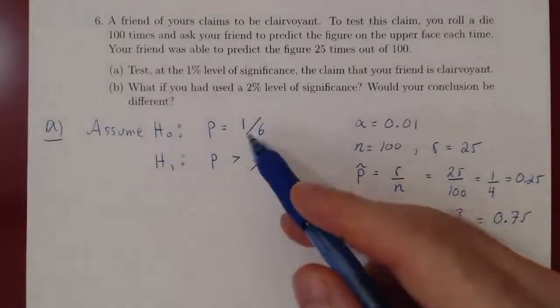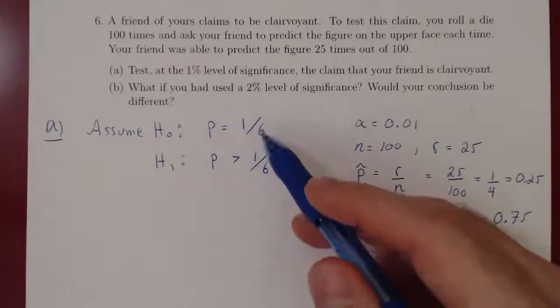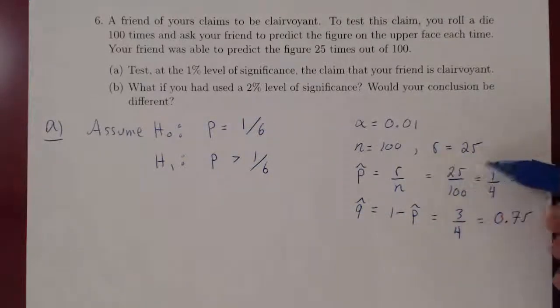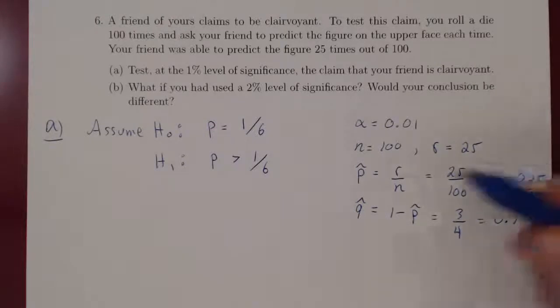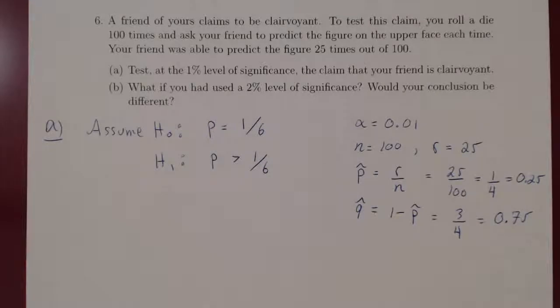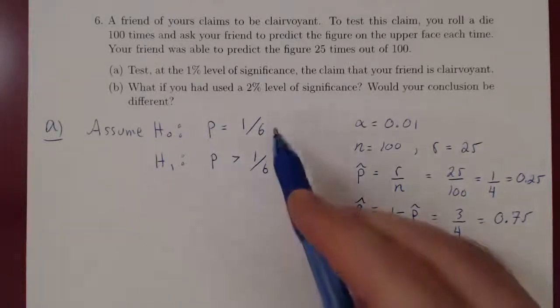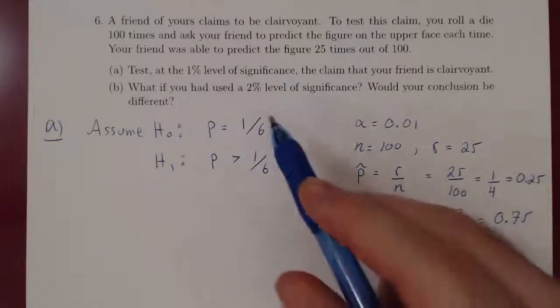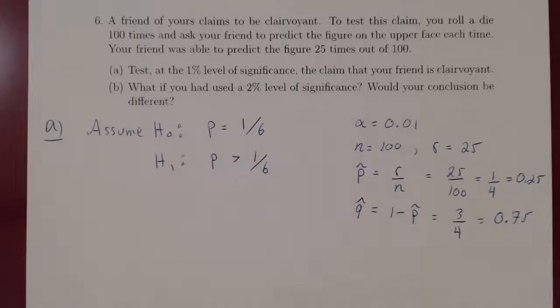If she's guessing, she would be right 1 out of 6 times. And for these 100 trials, she was right 1 out of 4 times. So it's a little bigger than 1 out of 6. If you compute 1 divided by 6, it's approximately 0.17. So it seems that she's doing a little better than she would if she was not clairvoyant.